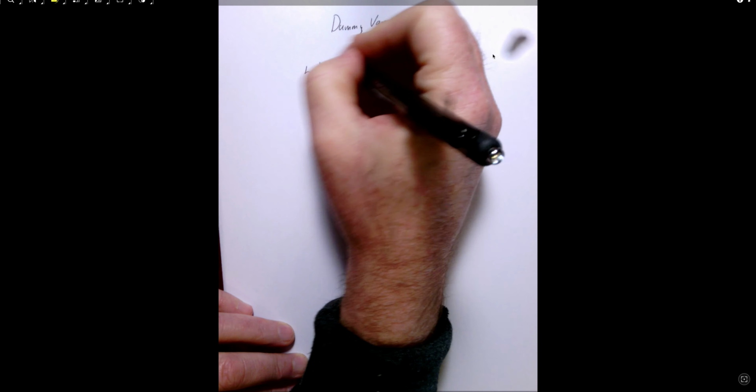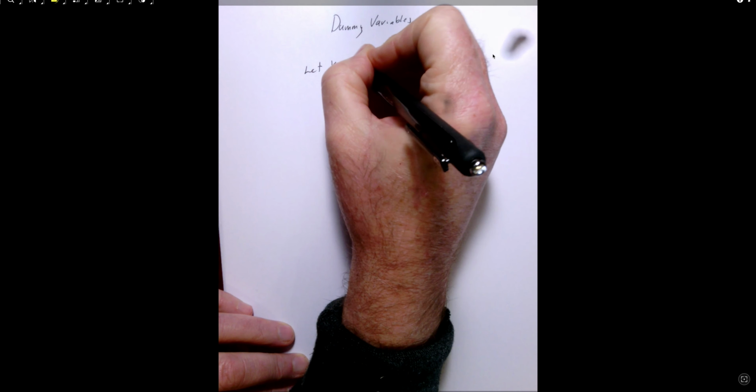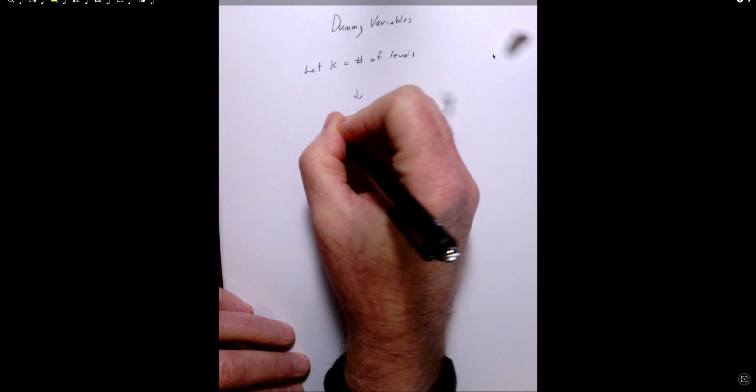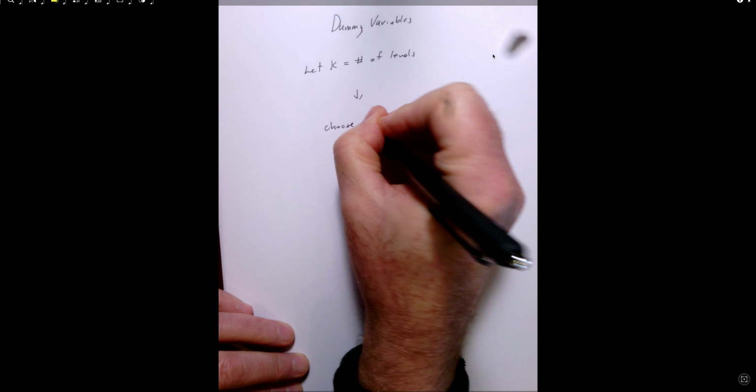So let K equal the number of levels. We're going to choose a base group.